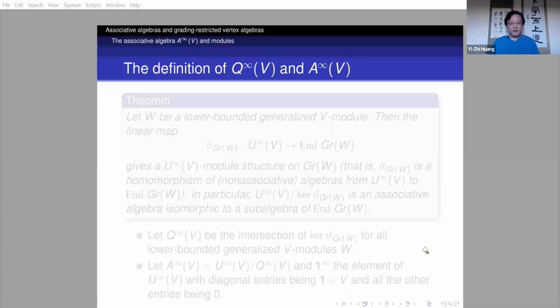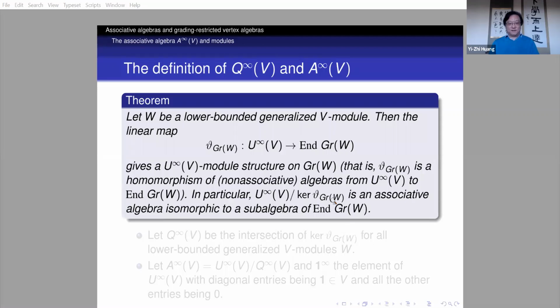Now we can introduce our Q infinity V and A infinity V. There is a theorem that allows us to introduce these things. The theorem is that this linear map defines a U infinity V module structure on this associated graded space.